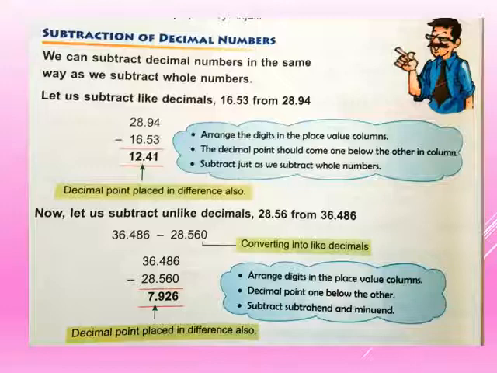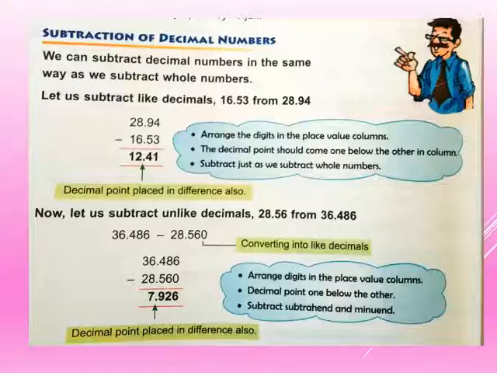So here 28.56 we will subtract from 36.486. But before subtracting, we have to convert these unlike decimals into like decimals. So for that what will we do? We will put a 0 after 56 in the first number, that is 28.56. So it becomes 28.560.